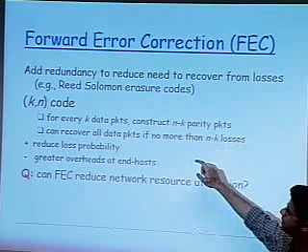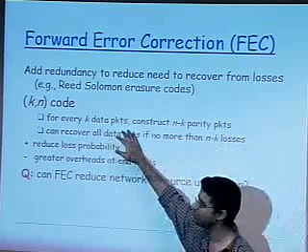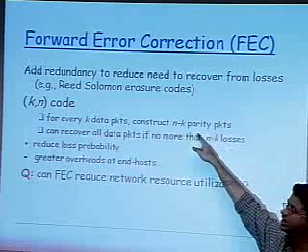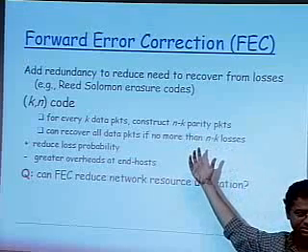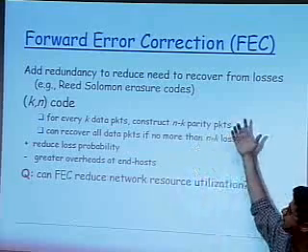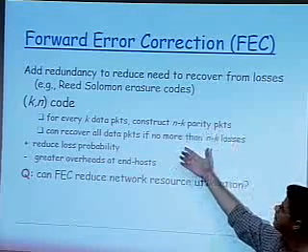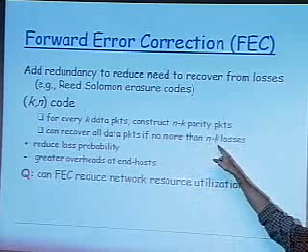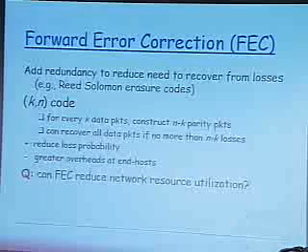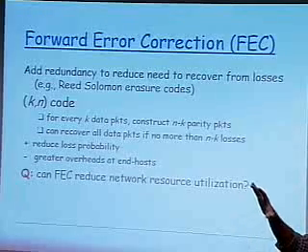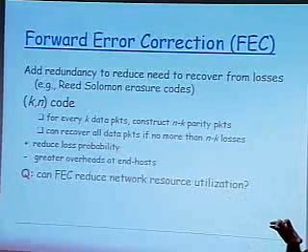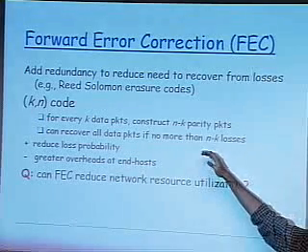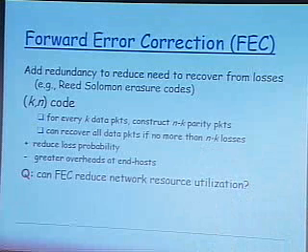What you do is, in an (n, k) encode, for every k data packets, you're going to construct n minus k parity packets. And you can recover all the data packets if there are no more than n minus k losses. And these n minus k losses can occur anywhere. They could be either the parity packets or the data packets. But if not more than n minus k get lost, then you can recover the entire data.